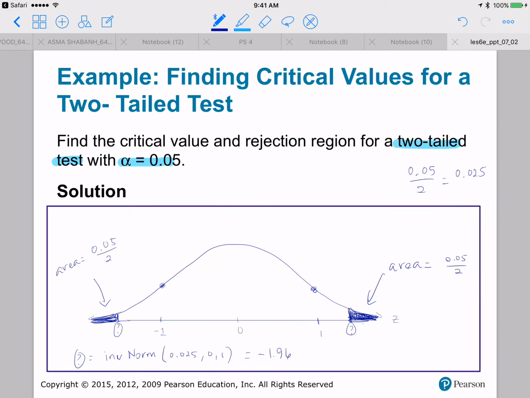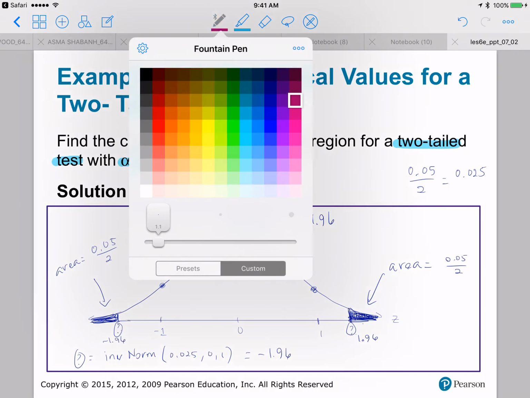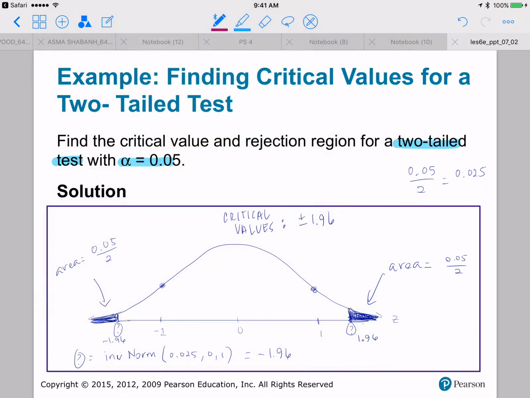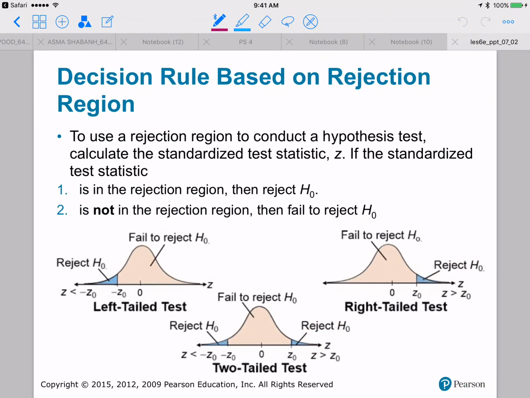I think it is negative 1.96 for the one on the left, and the one on the right is going to be 1.96. So our critical values are plus and minus 1.96. So I think that's what it should be.